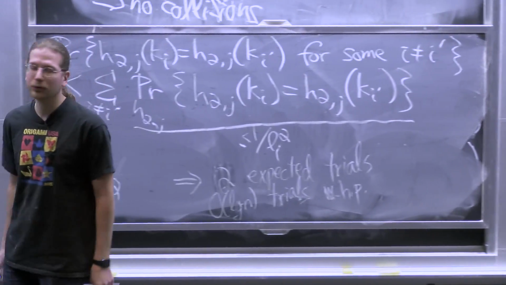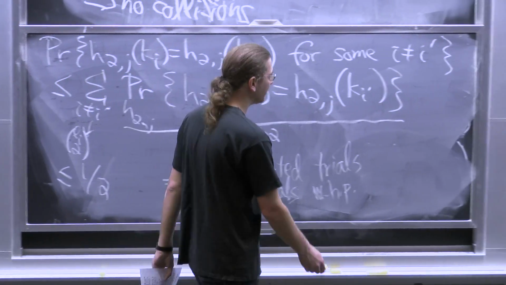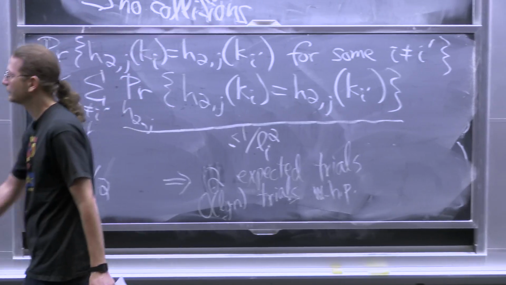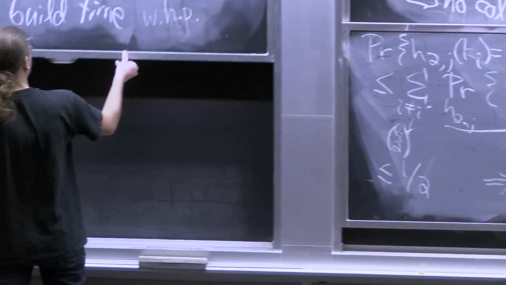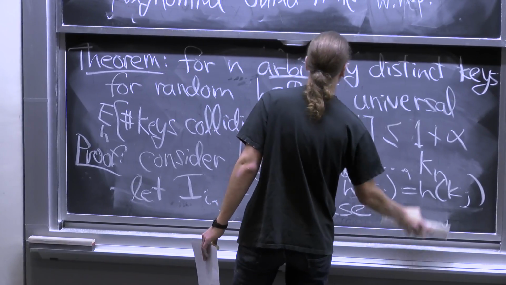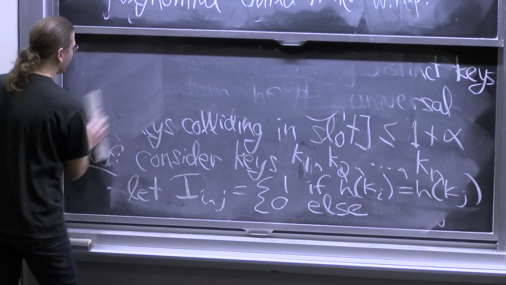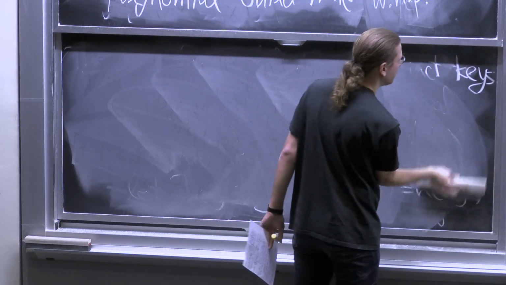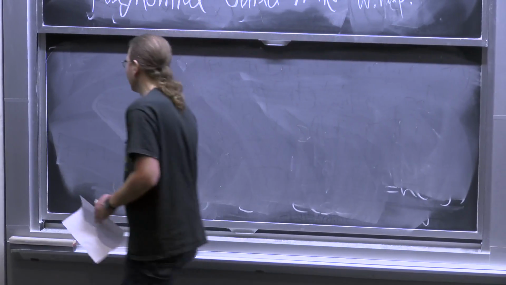So in fact, you can prove with another Chernoff bound, let me put this over here, that all the Li's are pretty small. Not constant, but logarithmic.